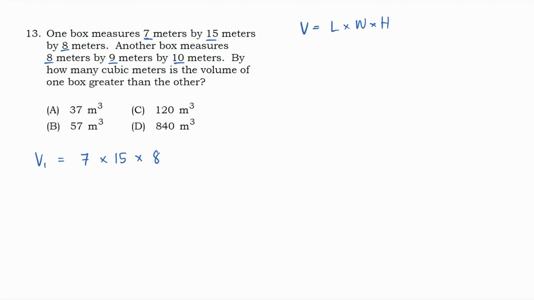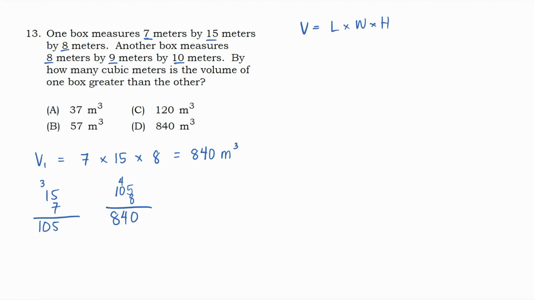So, multiply natin 15 times 7, 5, 35, and then 10, so 105. And then, 105 times 8, 40, and 8 times 0 is 0, plus 4, so 4, and 8. So, the answer for this one is 840 meter cube.